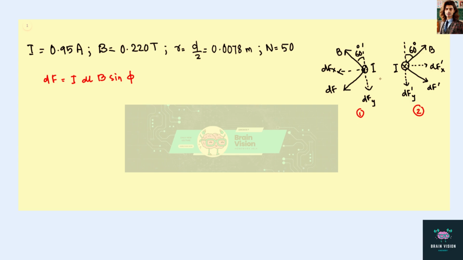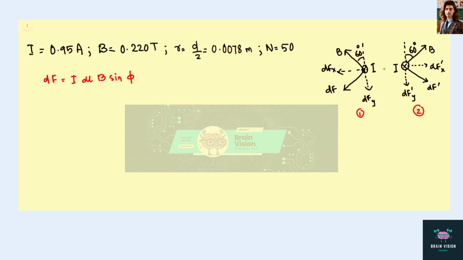You can see from these two sketches that the x components cancel because I and B are constant in these two. So the magnitude of dFx and dFx' are equal, but they are in opposite directions. For this part, the net force, which is the sum of these two forces, is going to be 0.